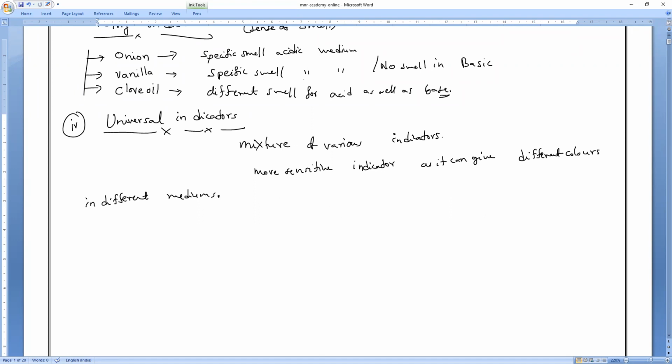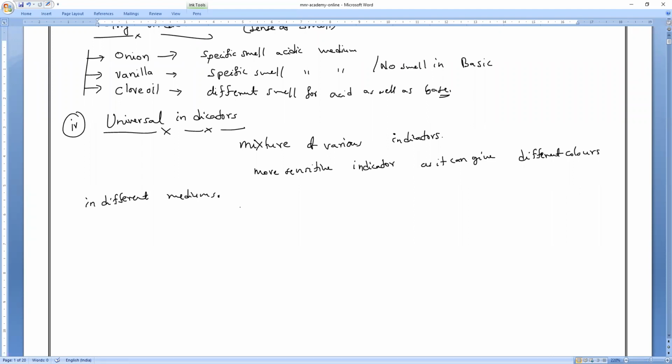With the remaining indicators, we can only identify whether it is an acid, a base, or a salt. But the universal indicator will help us identify the pH value, meaning the concentration of the acid or the base. How much is the pH, the power of hydrogen?